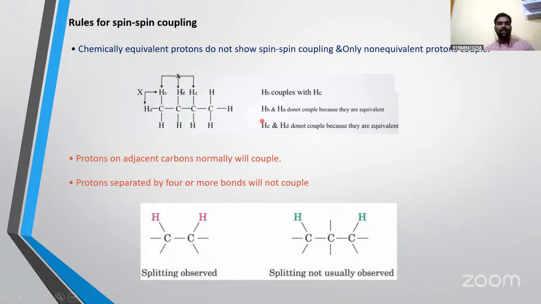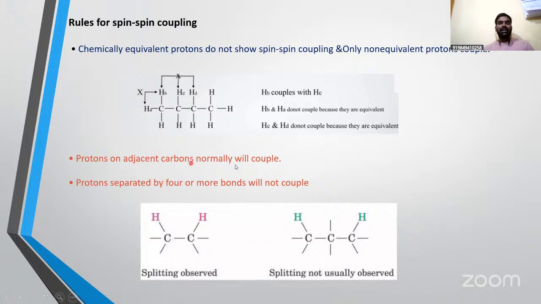Hb and Hc are non-equivalent because you can see three hydrogens here, two hydrogens here, two hydrogens here. So Hb and Ha do not couple, but Hb and Hc can be coupled here.